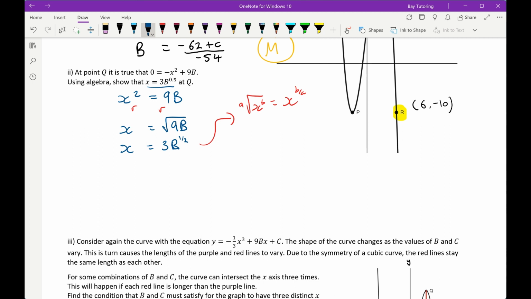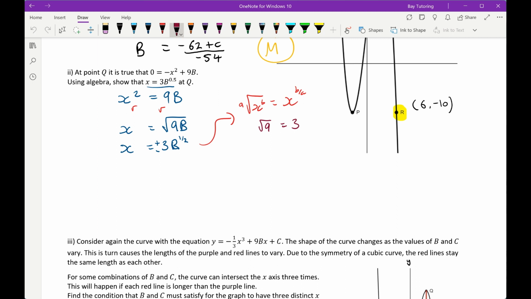Now, we do just need to be careful, because whenever you square root something, there's actually two possibilities. It could be the positive or the negative. The reason for that is if we think about the 9, if you square root 9, you might think, well, okay, 3, because 3 squared, 3 times 3, is 9, which it is.